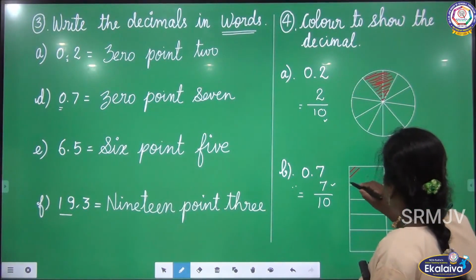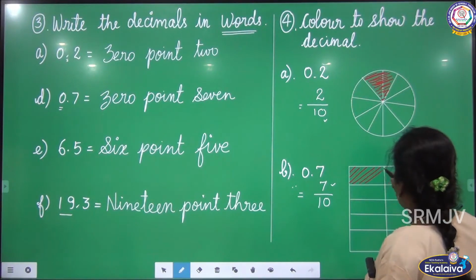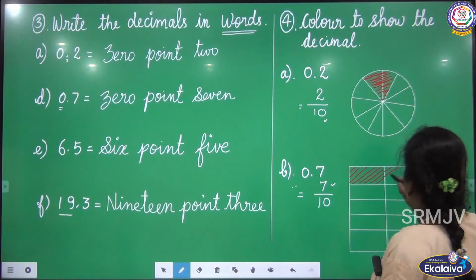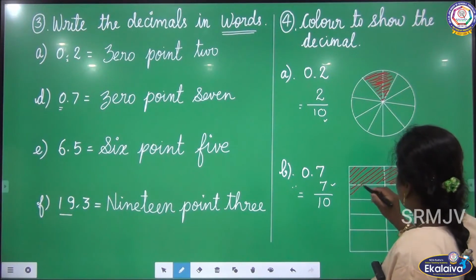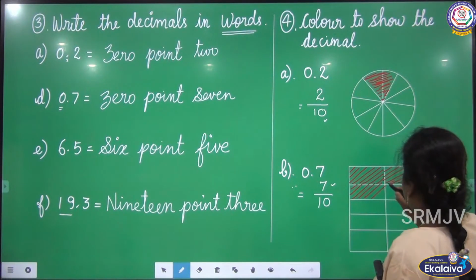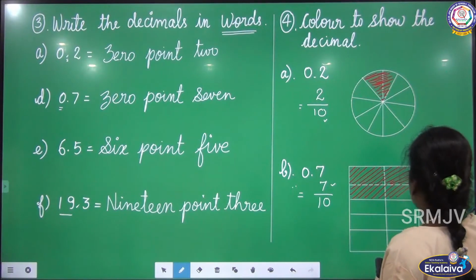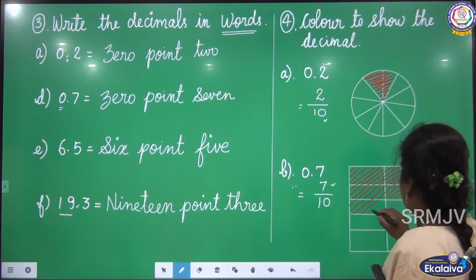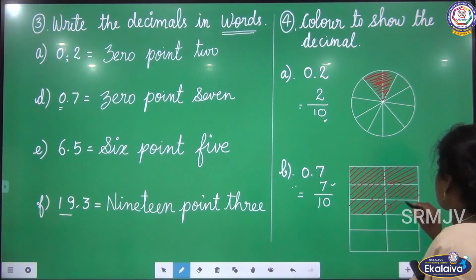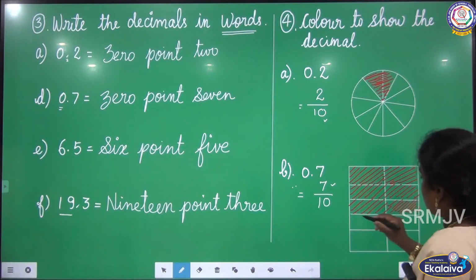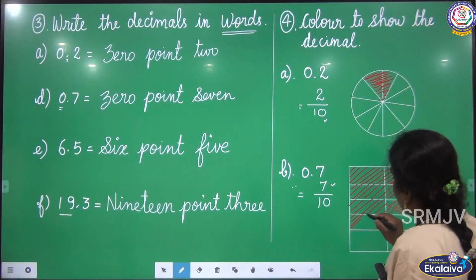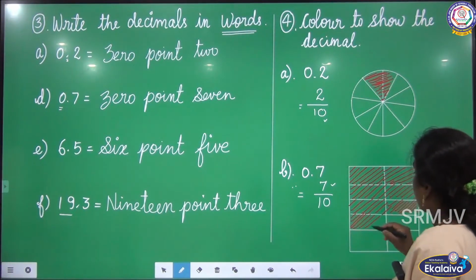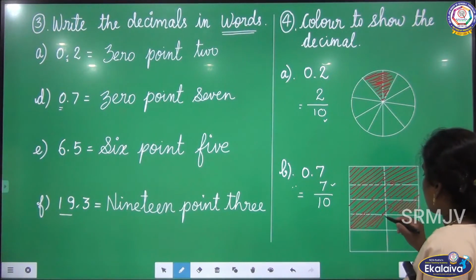So 1, 2, 3, 4, 5, 6 and 7. So we have shaded 7 parts out of 10.